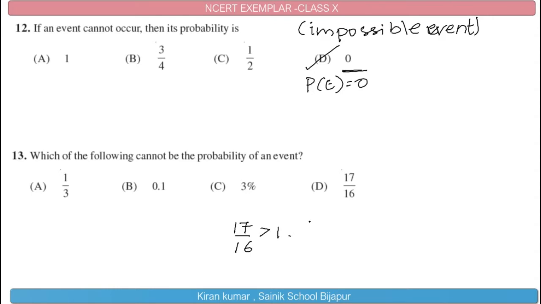Remember, we know that 0 is less than or equal to the probability of the event, which is less than or equal to 1. The probability value must be less than or equal to 1. Here this cannot be possible, so the right answer is option D.